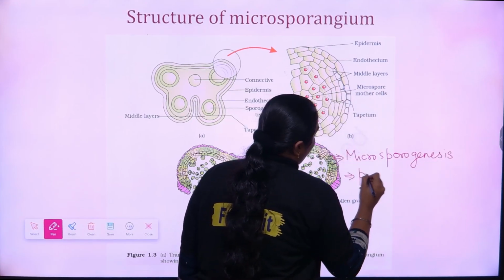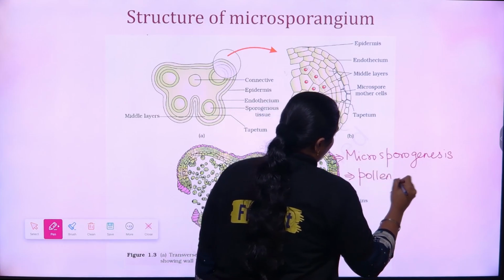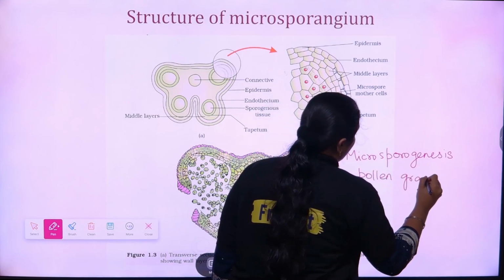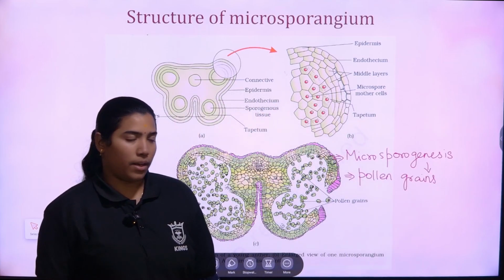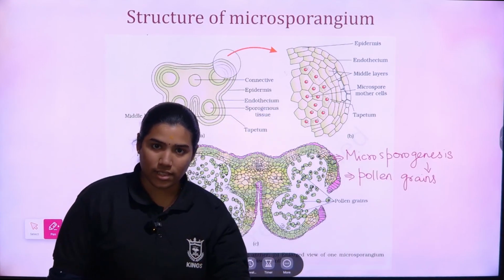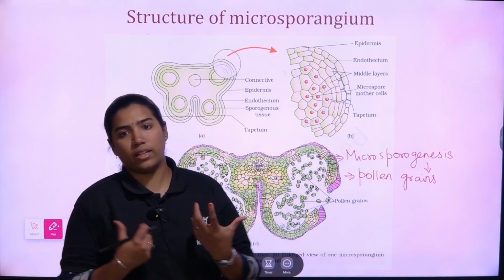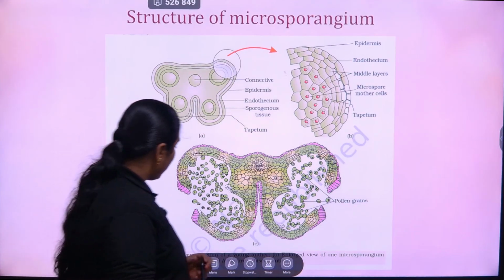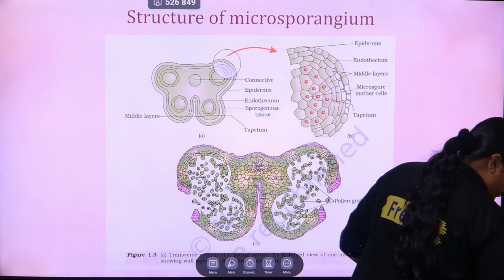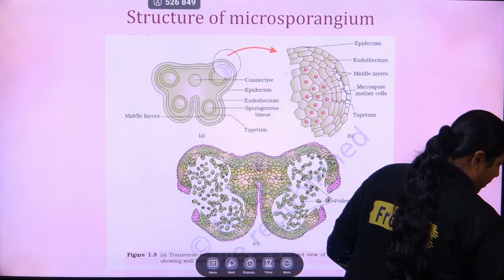Next we'll discuss the pollen grains, which are the product of microsporogenesis. So we'll discuss the process and the product, and where and how the products are used. We'll discuss everything in detail, okay. So without any delay, let's get into today's class.